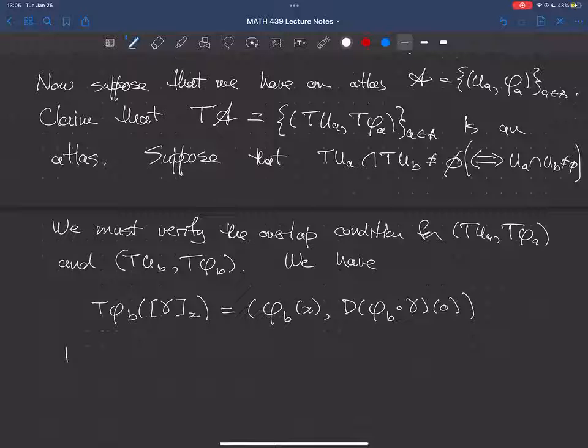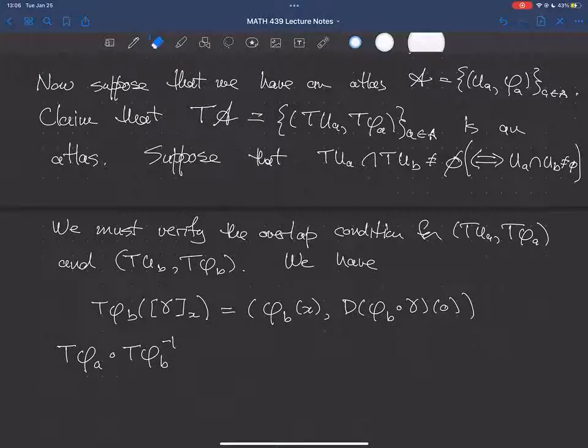It's going to be T phi_A composed with T phi_B inverse. That's the overlap map.